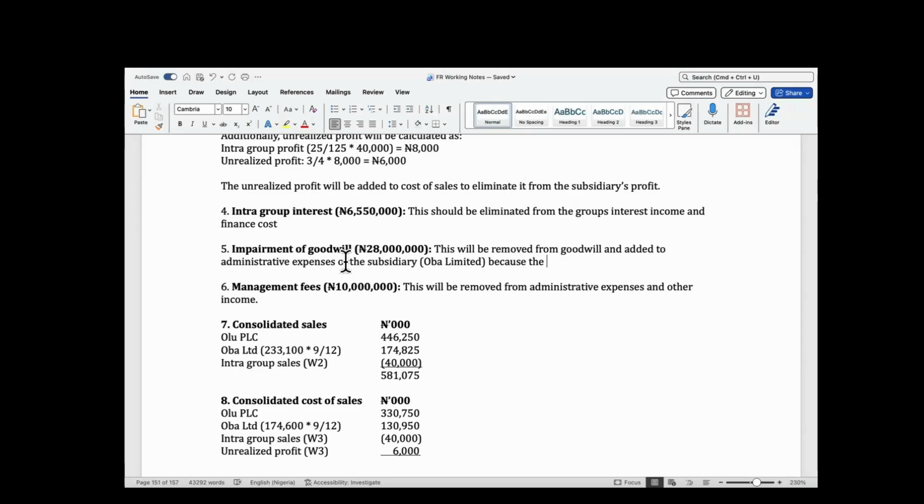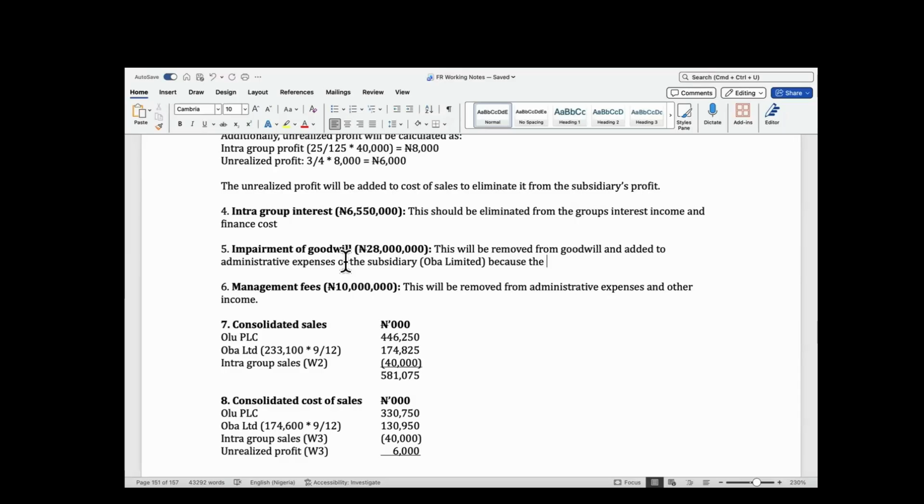Because NCI is measured at fair value. Yeah, thank you very much.